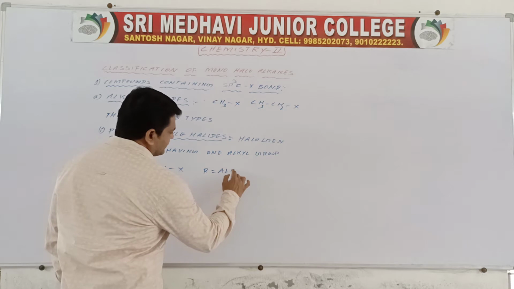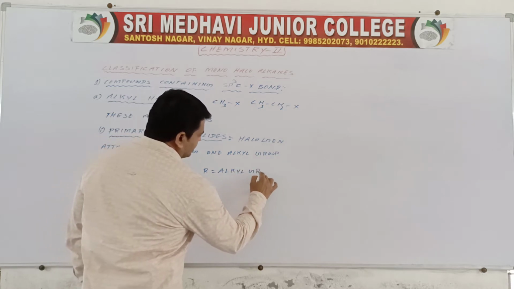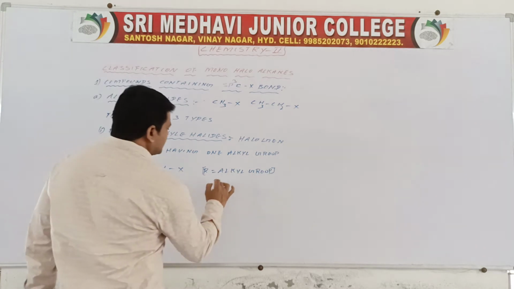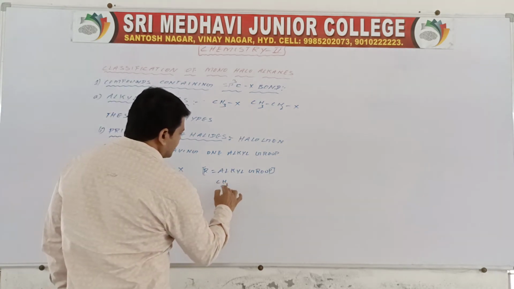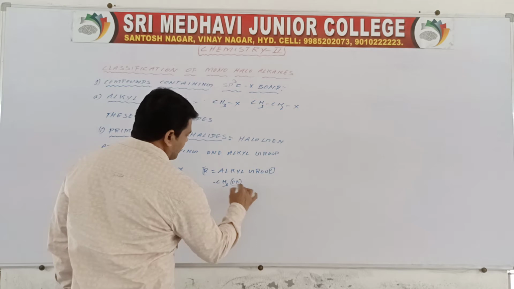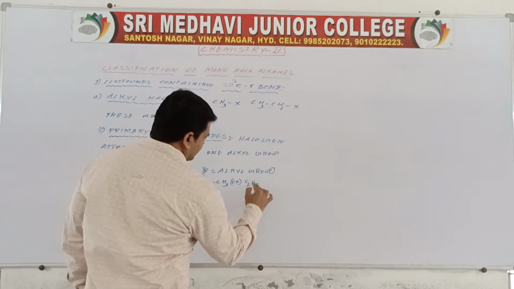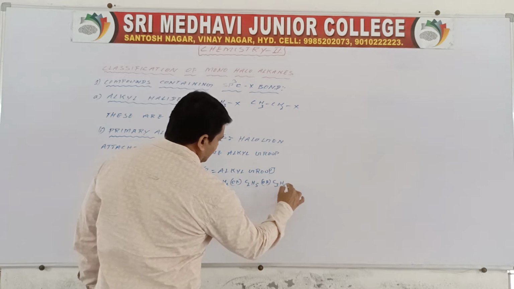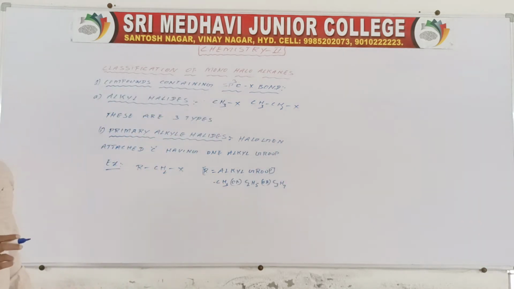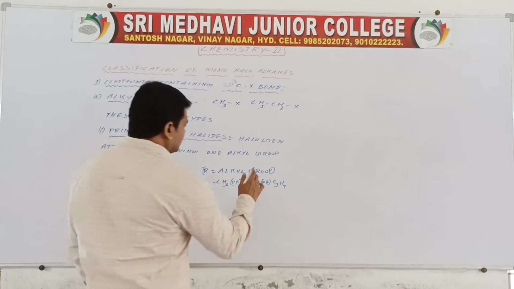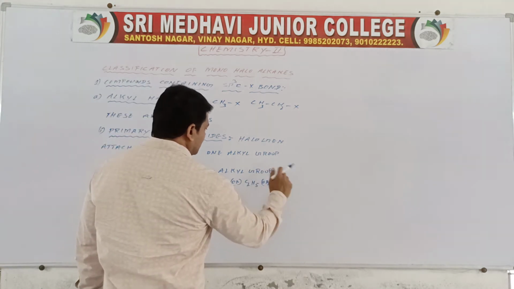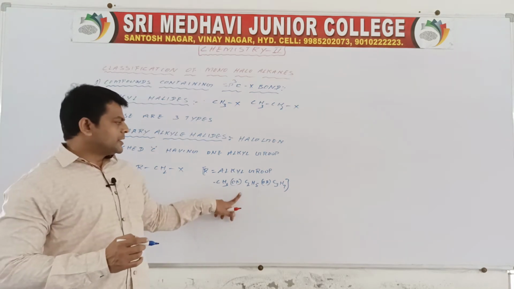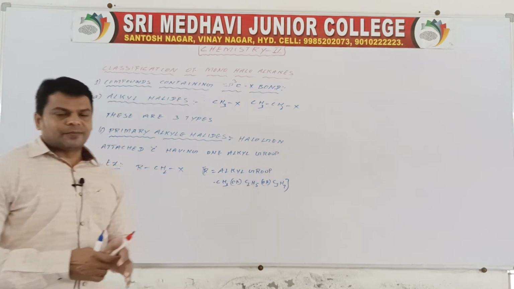The alkyl group is CH3 or C2H5 or C3H7, like that. So R is an alkyl group; an alkyl group is nothing but a CH3 group or C2H5 group or C3H7 group.